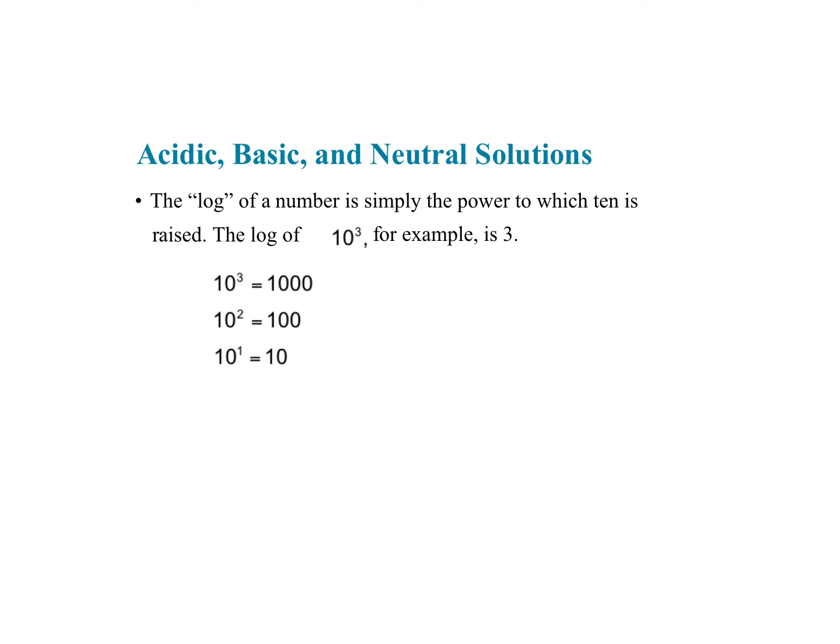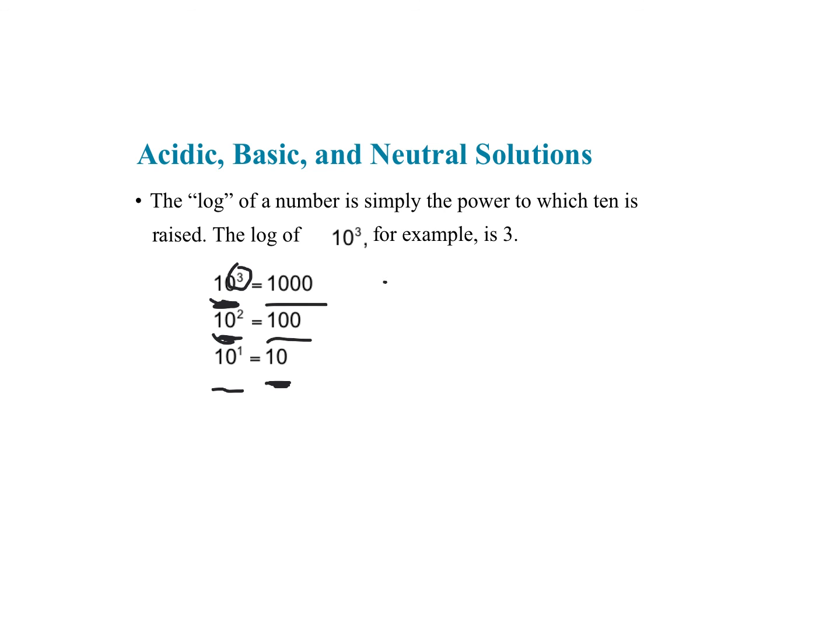And actually, there's even an easier way to think of it for some numbers. We can note that 10 to the 1 power is 10. 10 squared, or 10 to the power of 2, is 100. 10 to the power of 3 is 1,000. The number that you get here is the number of zeros that you have.